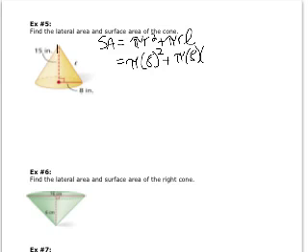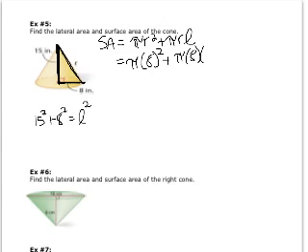I don't know L. This is my height, but look what I have here on my cone. I have a nice right triangle, and we know that when we have a right triangle where we are given 2 sides and we're missing 1, we can do Pythagorean theorem. So I need to come down here and do a little side calculation. I'm going to do 15 squared plus 8 squared equals L squared.